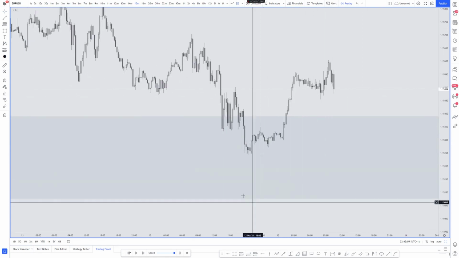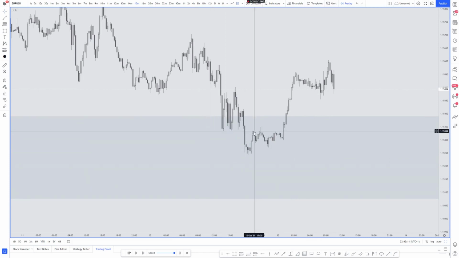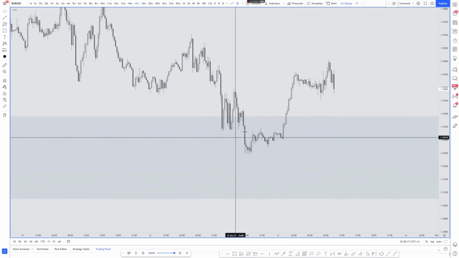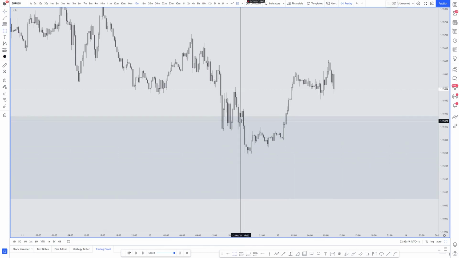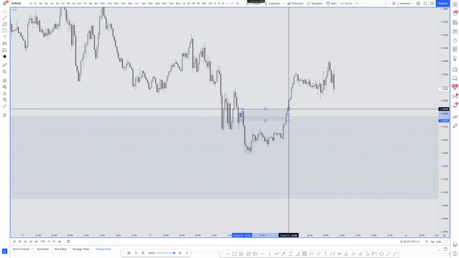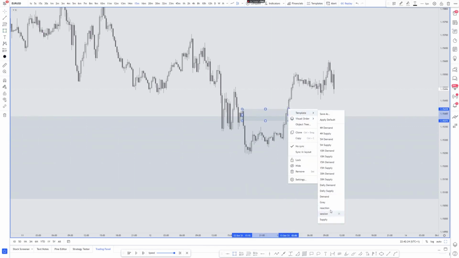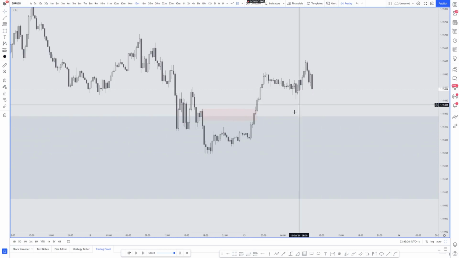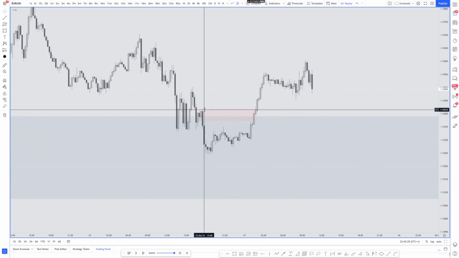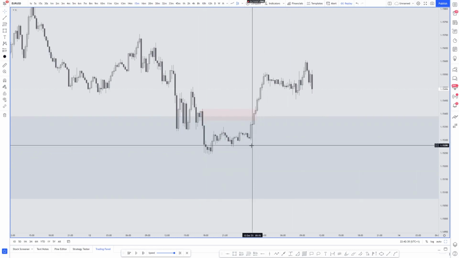And what I mean by change of character is, once again, we swept the lows, we swept the highs. So just to show you here, now this is our last form of supply. Now, when you're pulling these supplies, I want you to look at something here.